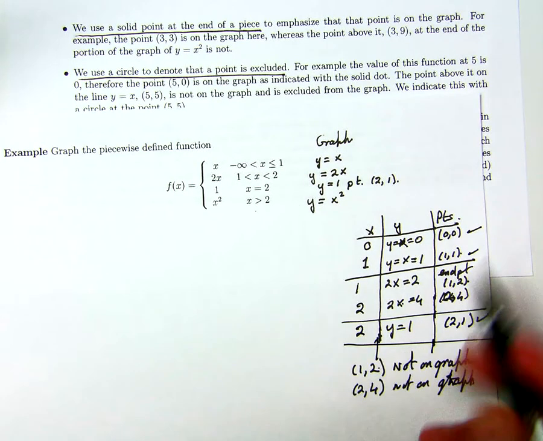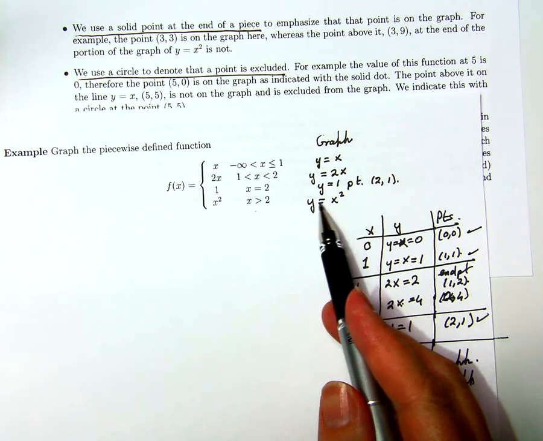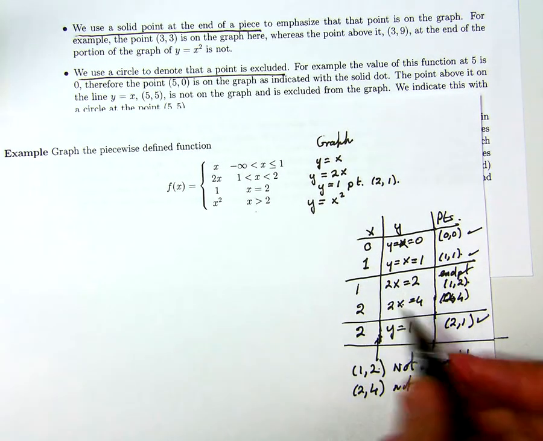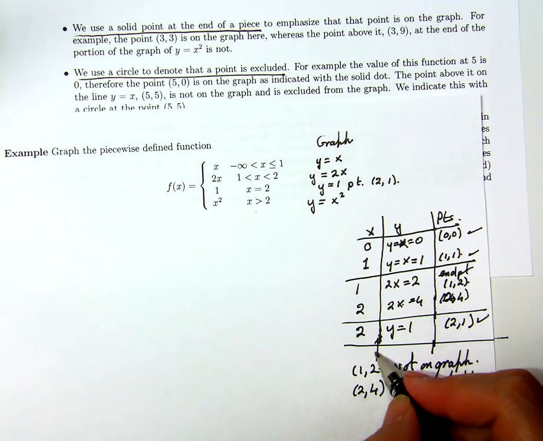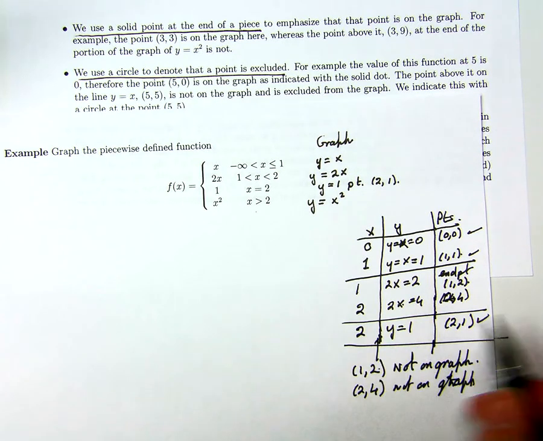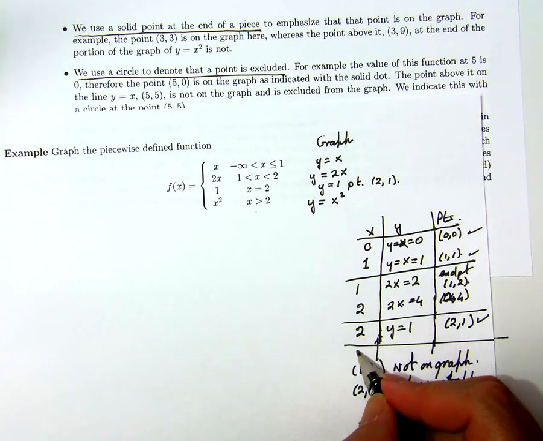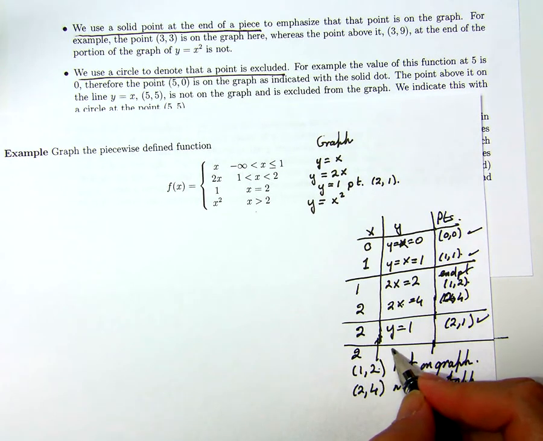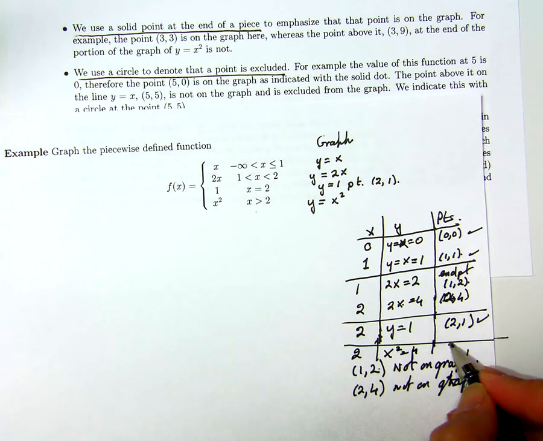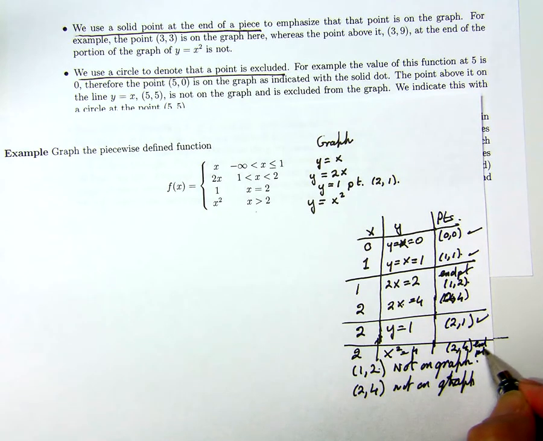And for x bigger than 2, the graph looks like y equals x squared. So one endpoint, which is not on the graph, if x is 2, x squared is 4, the point 2, 4 is an endpoint, but it's not on the graph.